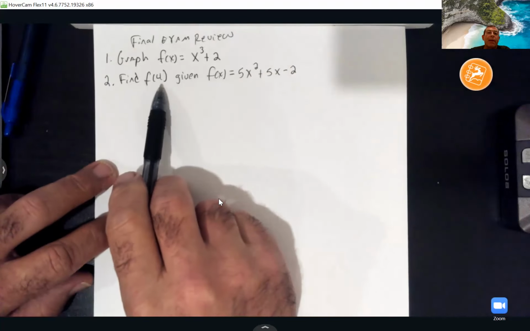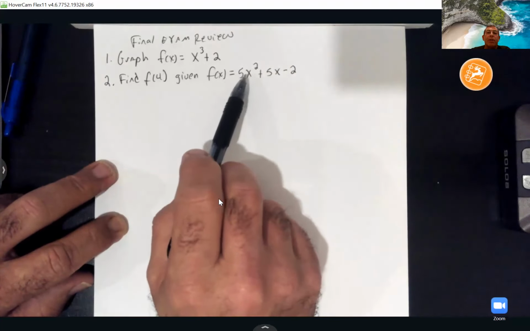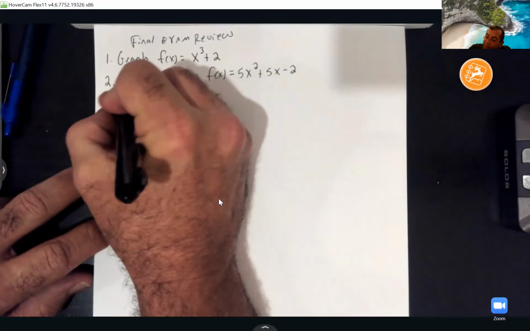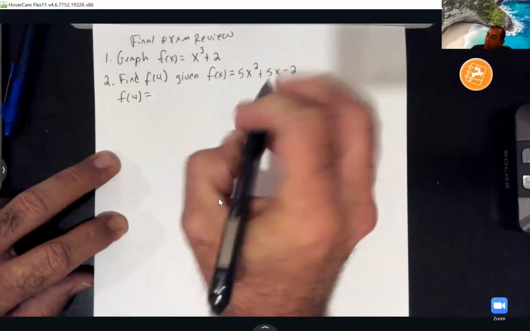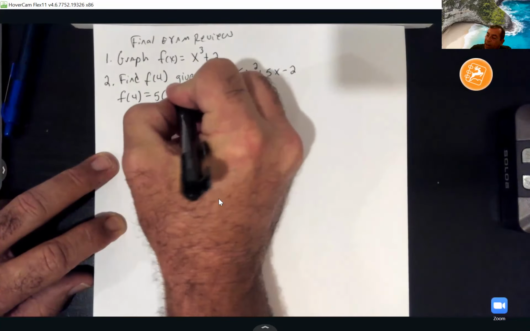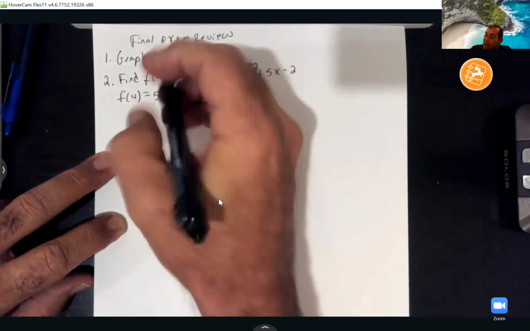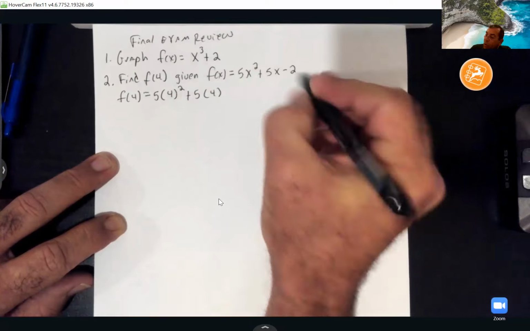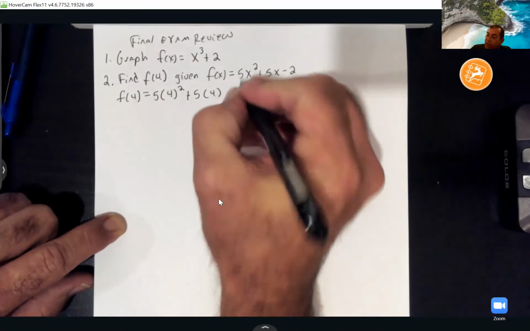So y'all remember when they give me f of 4, they want me to take this function and put a 4 in for both of these x's. So f of 4 will equal 5 times 4 squared plus 5x. So that'll be plus 5 times 4 and then minus 2.